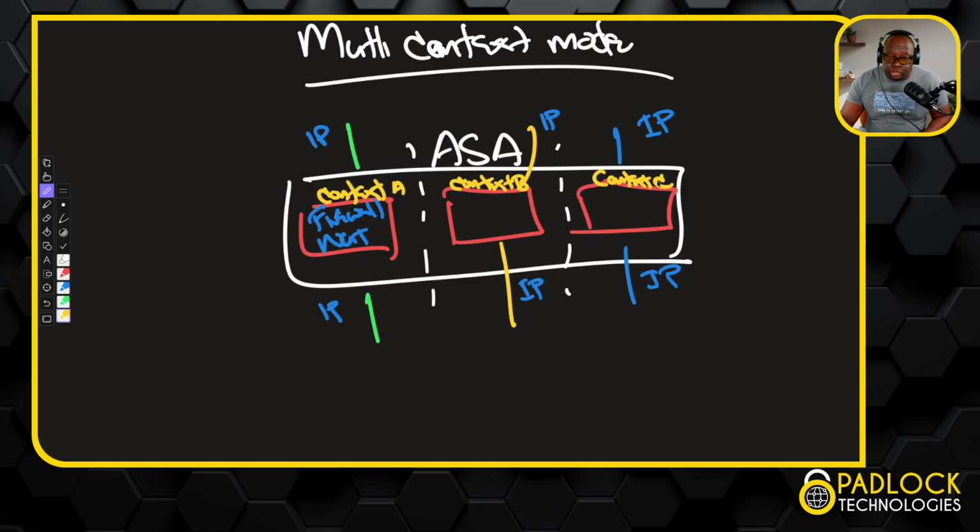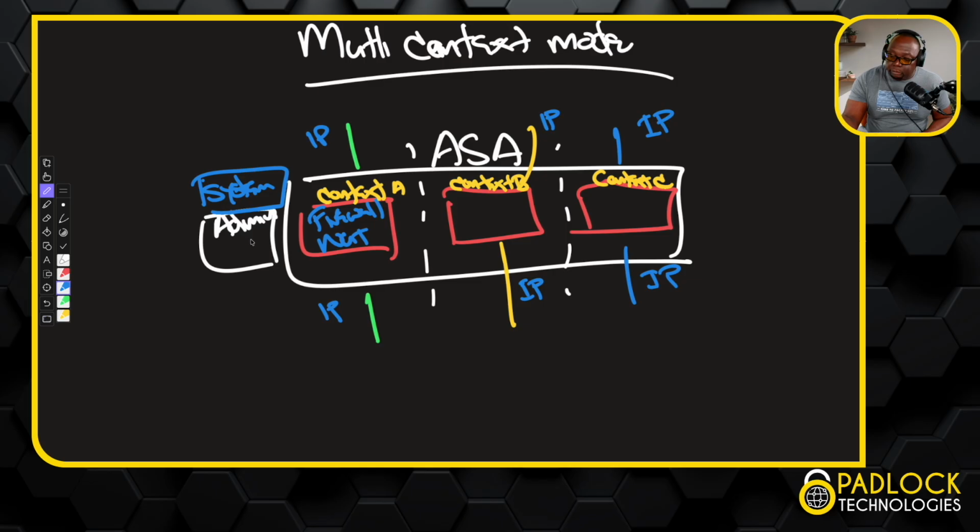In the lab that I'm going to show you, I'm going to have a sales context and a finance context. Now there are some other contexts in here that they don't tell you about. These are the user contexts, but you do have an admin context, and then a system context.